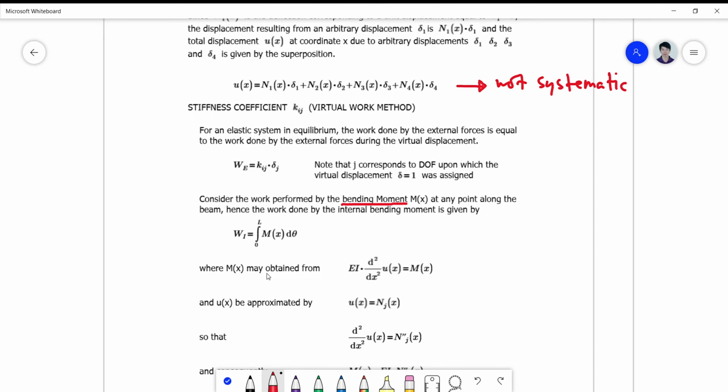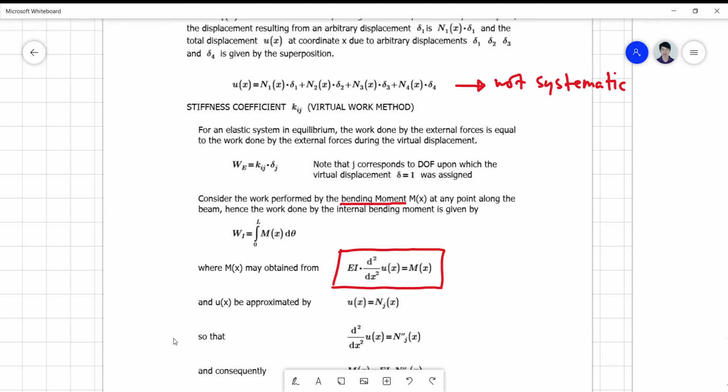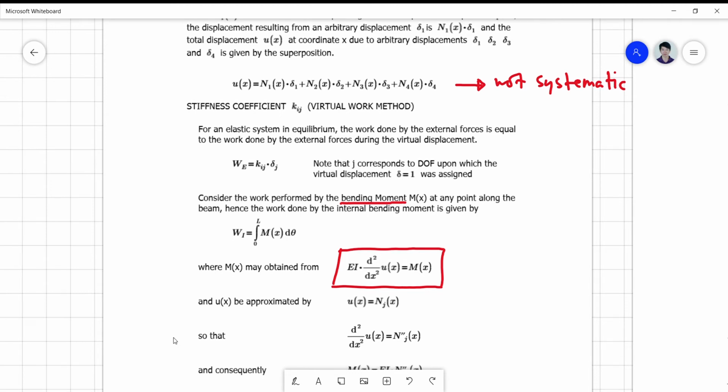So Mx we have already obtained from the above differential equation, so we can use this differential equation as your working equation in determining your stiffness.